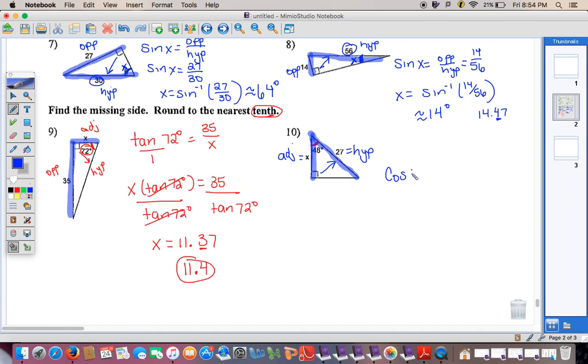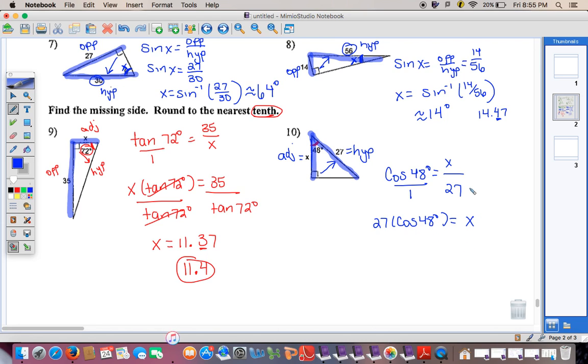So we have cosine of 48 degrees is equal to the adjacent side, which is x, divided by the hypotenuse, which is 27. Again, you're going to want to just put cosine of 48 degrees over 1 so we can cross multiply. And when we cross multiply, we have 27 times cosine of 48 degrees is equal to x.